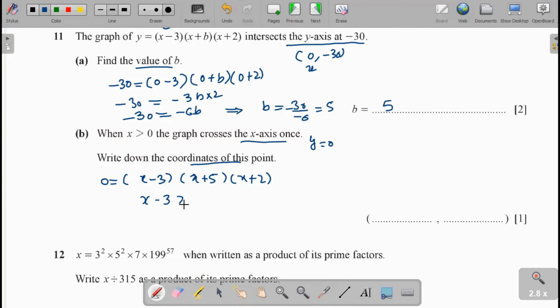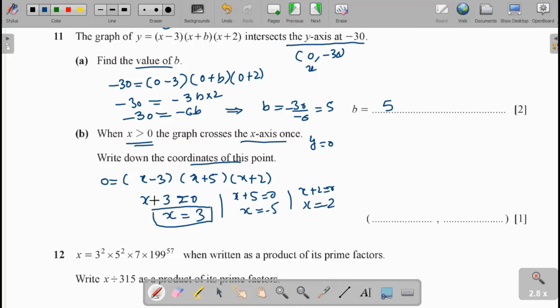We take x minus 3 equal to 0, we get x equal to 3. And x plus 5 equal to 0, x equal to minus 5, and same as x plus 2 equal to 0, the answer is x equal to minus 2. But x is greater than 0, so we take x equal to 3 and y is 0. The coordinate will be 3, 0 because x is greater than 0.